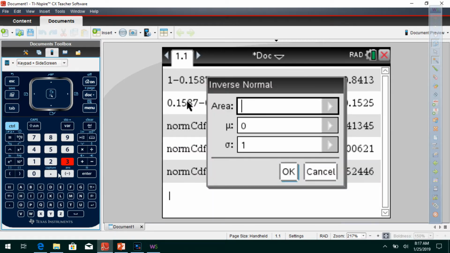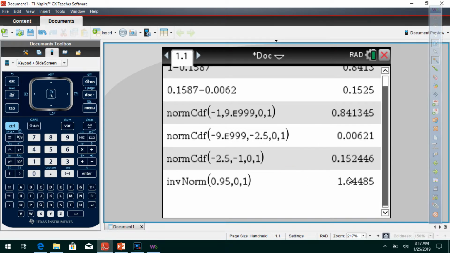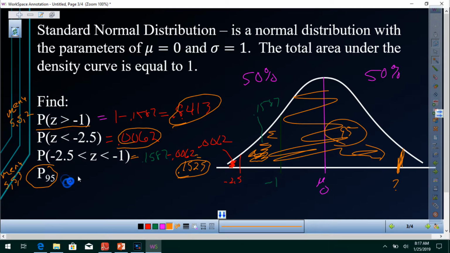All right, the area, we want 0.95, and that gives you 1.64485. If you look it up on the table, you're going to have to do a little extrapolating, and you get 1.645.